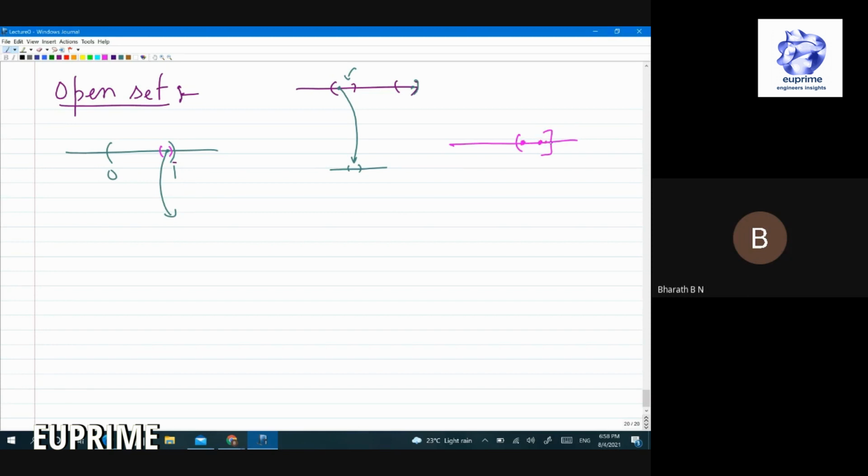But I have a problem with this point on the edge. Remember, this point belongs to the set. It's a closed set. So if I use this, I cannot put any interval; however small it is, the right side will overlap with something outside the set. So it doesn't sit inside the set, so this is not an open set.